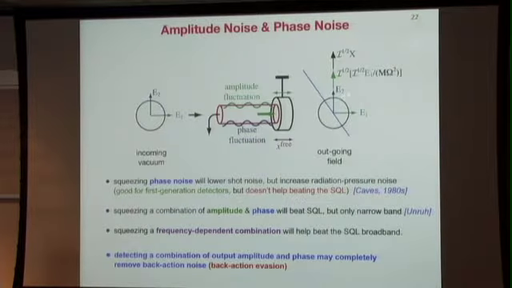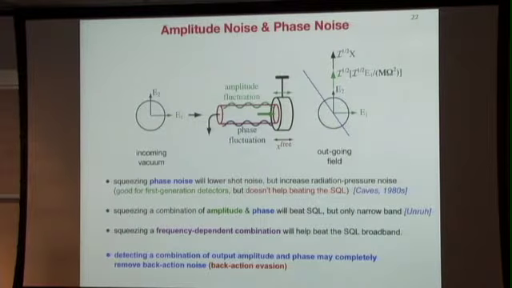During this process, if you make these angles just right so that this actually cancels with that, because they're all driven coherently by the same thing, then you're only left with the signal and this shot noise contribution, and you won't have any back action. But of course, because this coupling is frequency dependent, you have to figure out a way to do this Homodyne detection in a frequency dependent way.